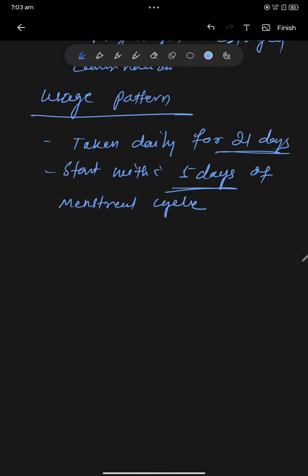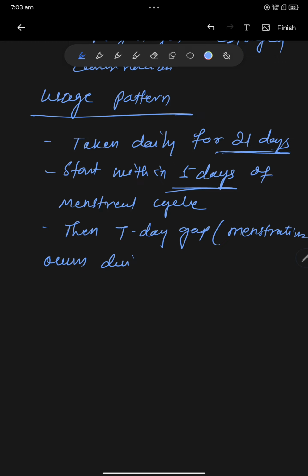Okay. Then it should be started within 5 days of the menstrual cycle, and taken for 21 days. Then a 7-day gap. Menstruation occurs during this gap.